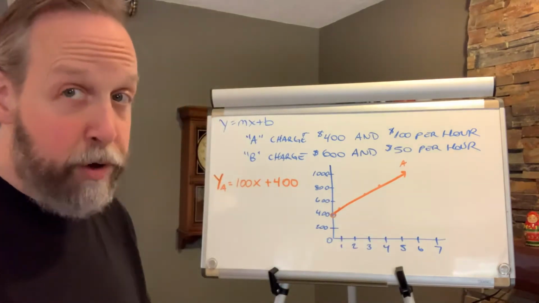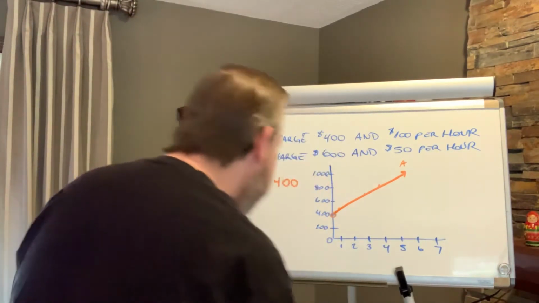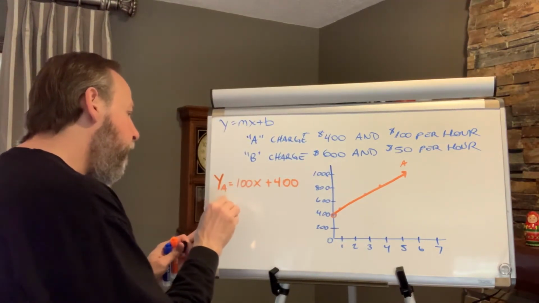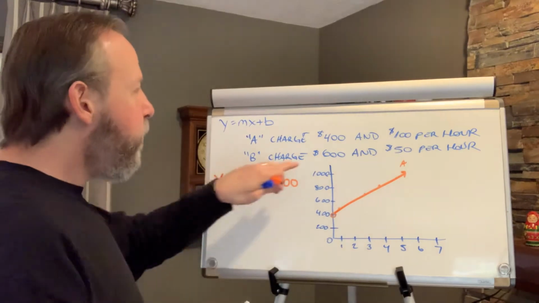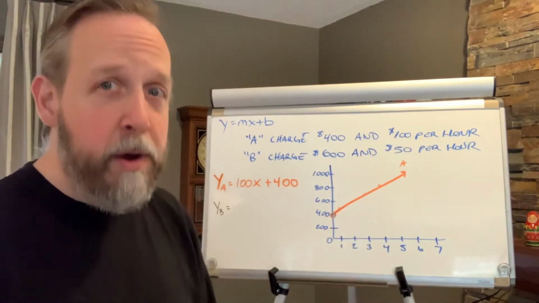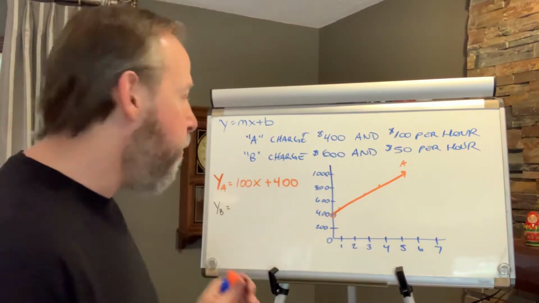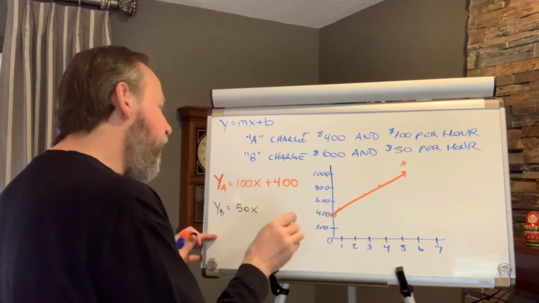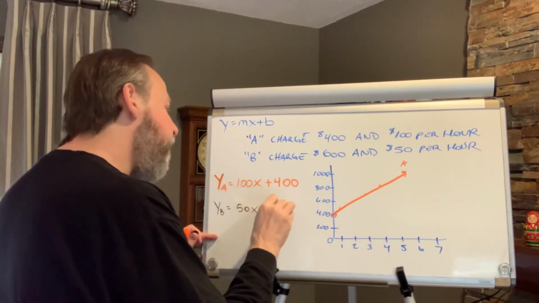Okay? All right. Builder B, let's write his equation first. So builder B, he's charging me $600 and $50 per hour. The 50 per hour is the slope part of the problem. So 50 per hour, 50x, plus a starting price of $600.